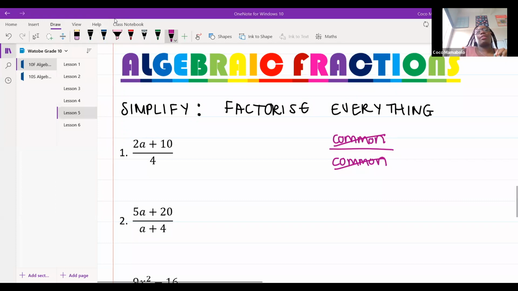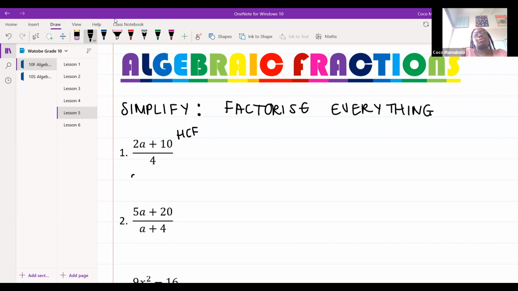If we look at the top, let's look at the top of this one. What do we need to look for, guys? What can we take out at the top, guys? What are we looking at? That's it, Rita. We're looking at an HCF at the top. Okay, so what we're going to do is we're going to factorize, take out an HCF. So I'm going to have 2.